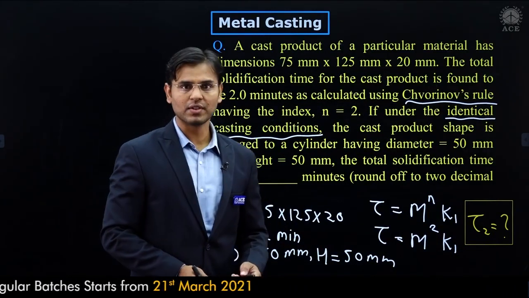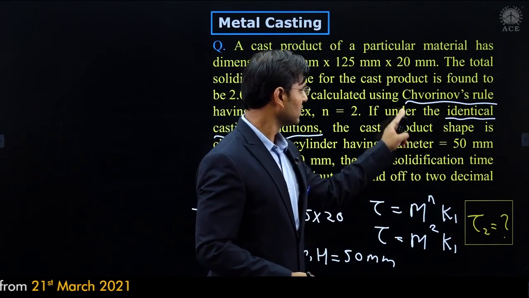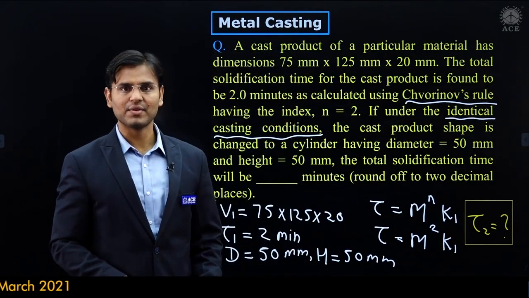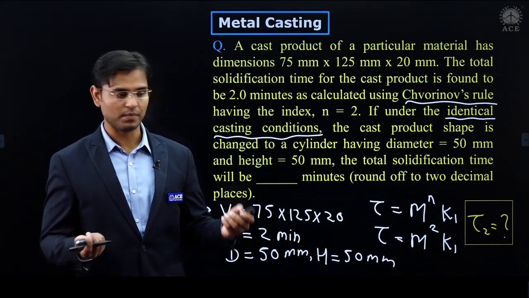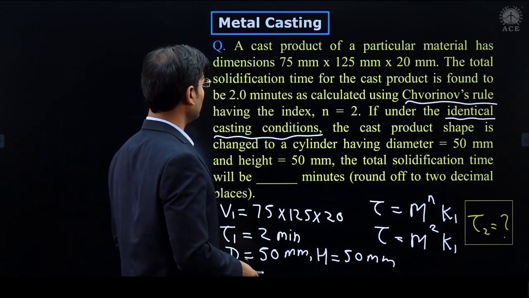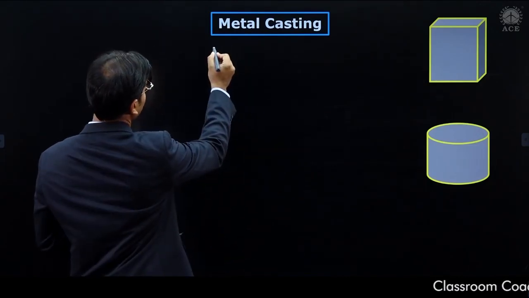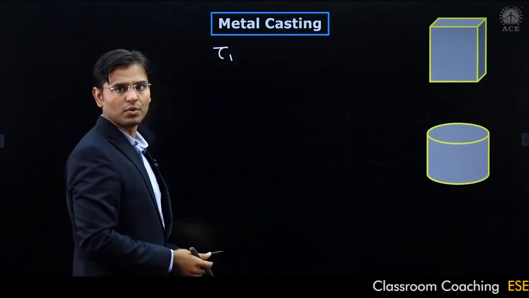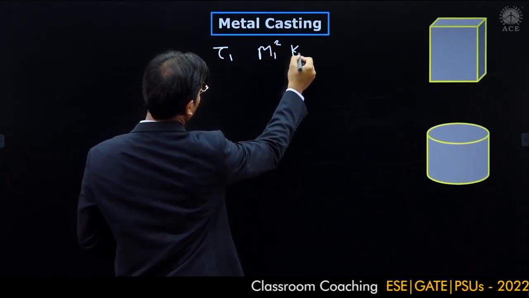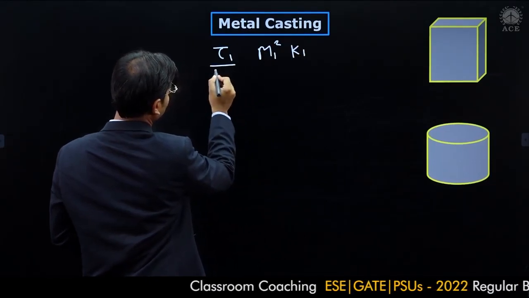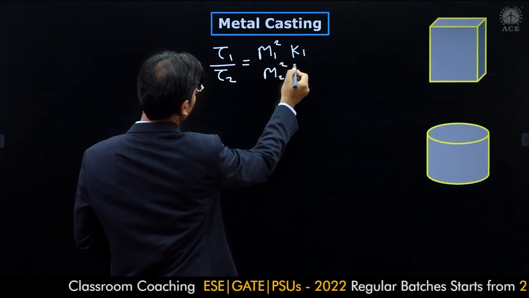Now see the process. The rule given is tau is equal to M square K1, Chvorinov's rule. We have to use this rule to calculate tau 2. Using it for both products: tau 1 is equal to M1 square into K1, tau 2 is equal to M2 square into K1.